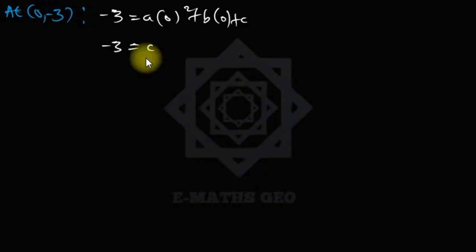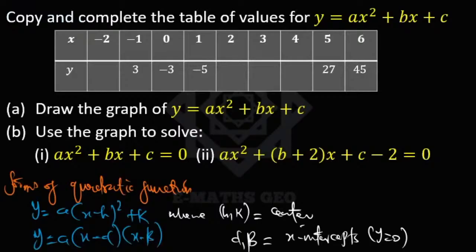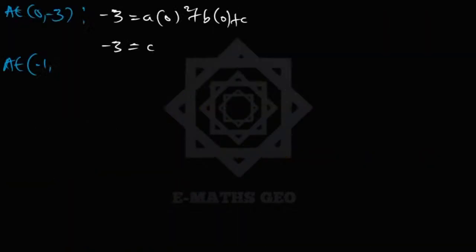So let's choose another point, at x = -1, y = 3. So we substitute again: x = -1, y = 3. So 3 equals a(-1)² plus b times -1 plus c.